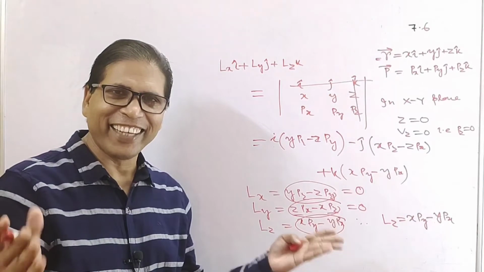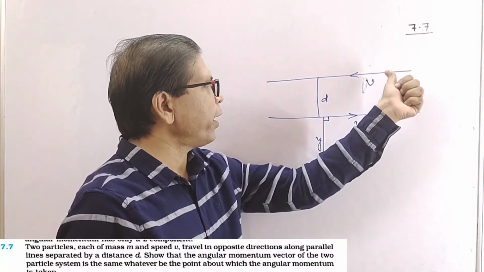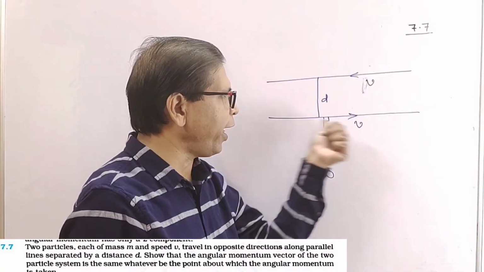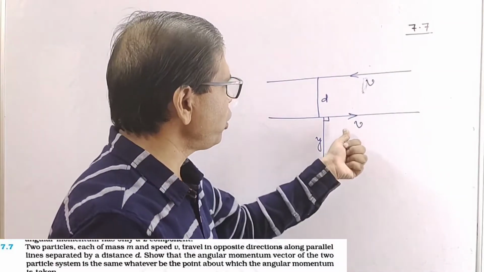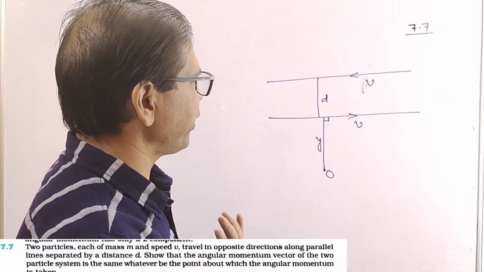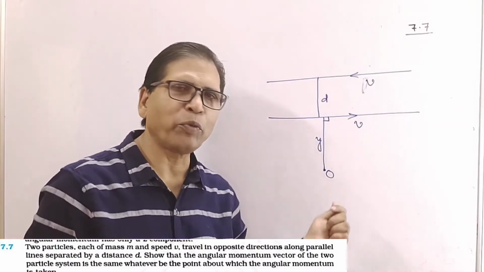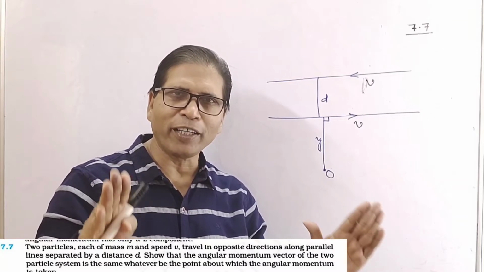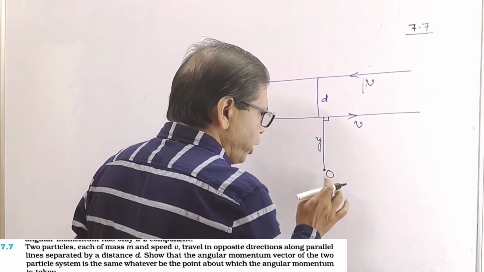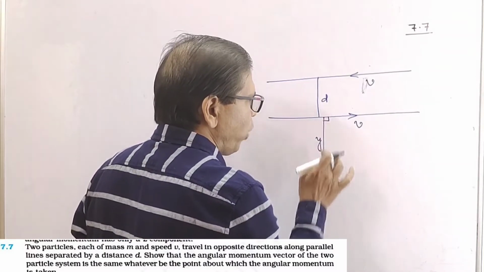Okay, understood? Now next, two particles move in two parallel straight lines separated by the distance d with velocity v in opposite directions. Now we have to calculate the angular momentum about the point O. The perpendicular distance of O from this line is y.